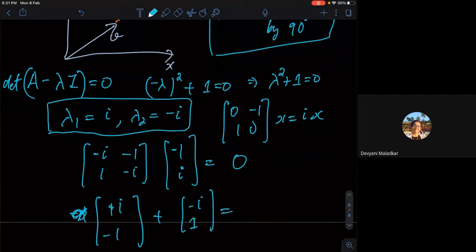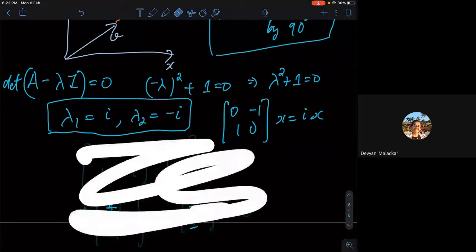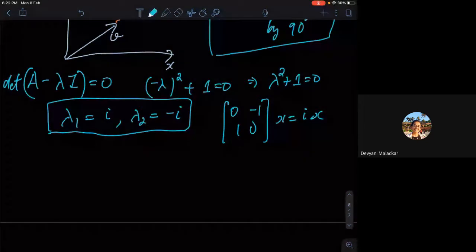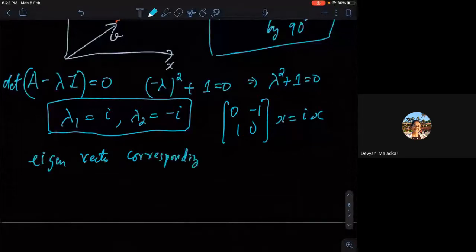This gives me 0. So the eigenvector corresponding to lambda 1, which is equal to i, is 1, minus i.